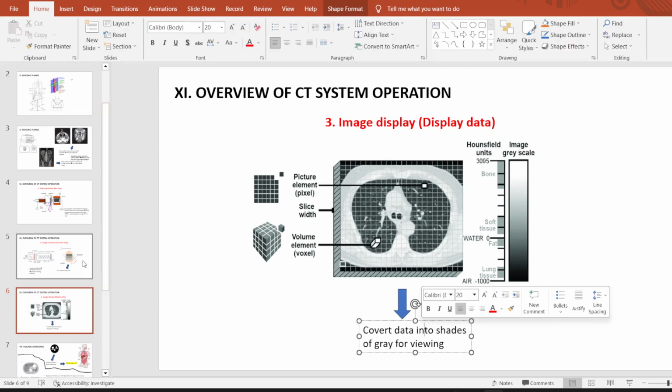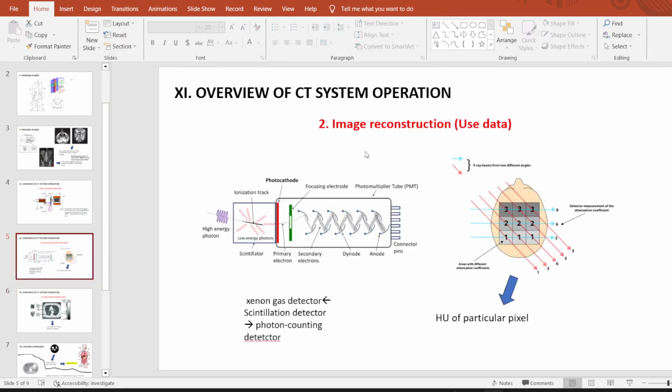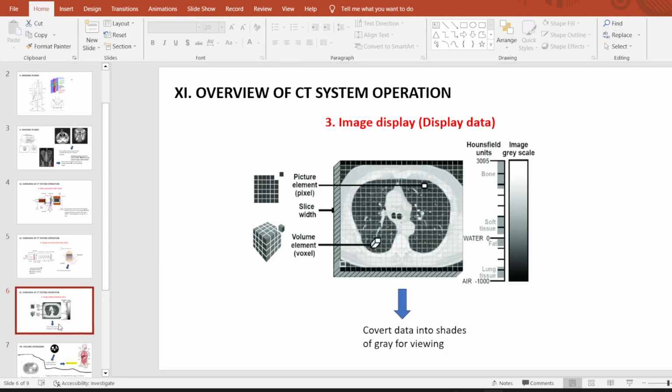In the second part of our procedure, we only labeled our pixels with Hounsfield units, and that's why our last part is converting that data into shades of gray.